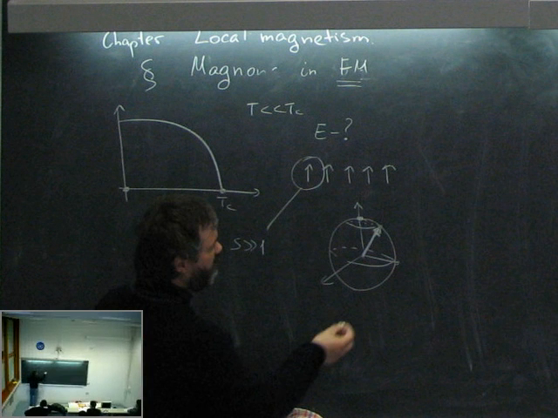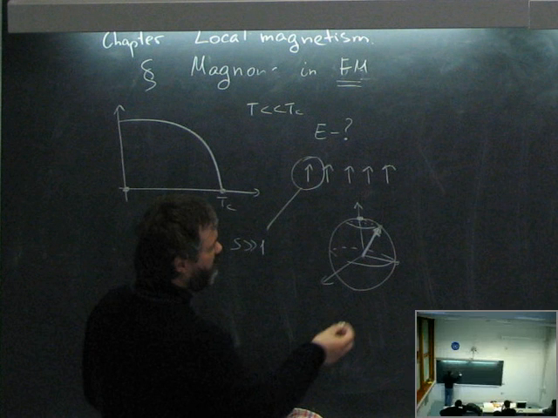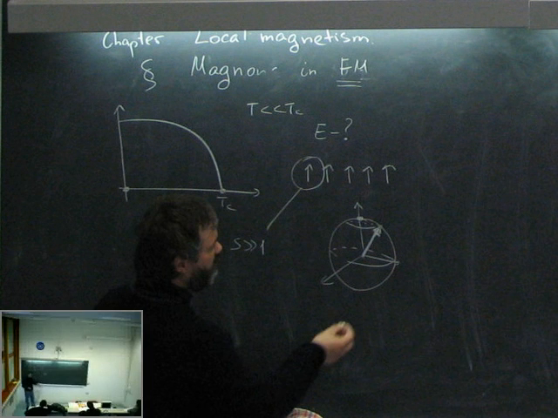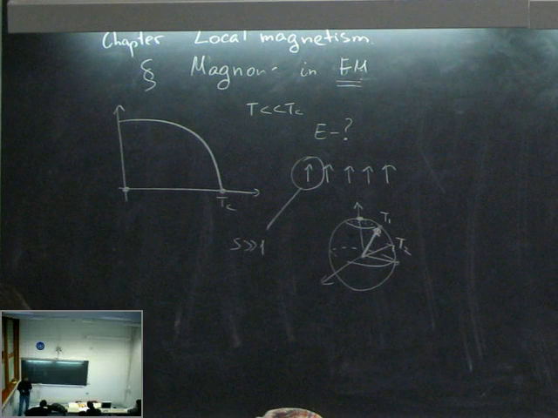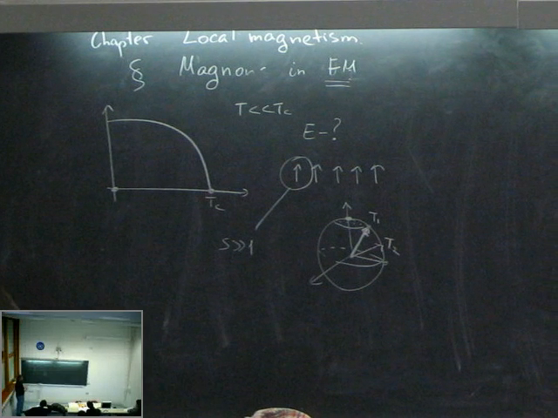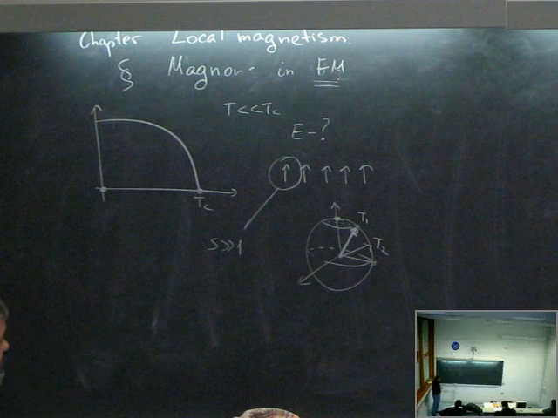The higher the temperature, the more rotation there is. For example, if this is a temperature T1, and if there is a temperature T2, and T2 is bigger than T1, then more and more of the sphere is covered by rotation of the spin.